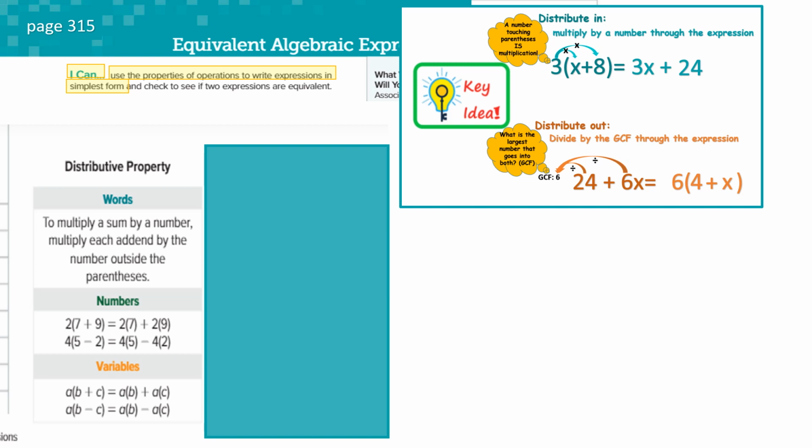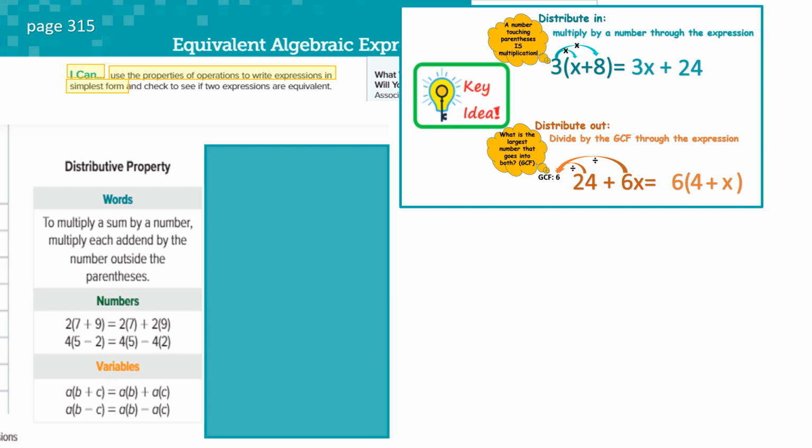Or we can distribute out, meaning I have an expression, but I have a greatest common factor that I can take out of each of my coefficients. When I see that 24 and 6 have a greatest common factor of 6, I can divide each of those and put the 6 on the outside of the parentheses. So I would do 24 divided by 6, and then 6 divided by 6.